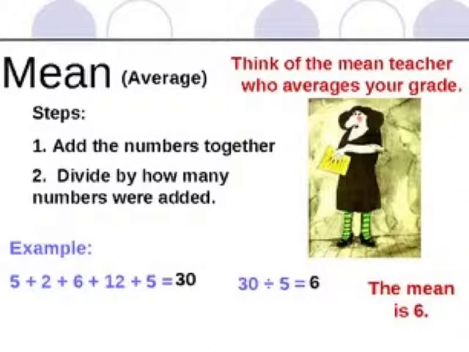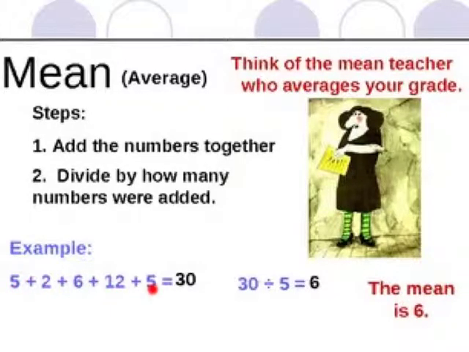All right, the mean. Think of the mean teacher, me, who averages your grade. Mean means average, and you know how to find average. We've been doing that already. So to find the mean or the average, you add all the numbers together and then divide by how many numbers you added. For example, 5 plus 2 plus 6 plus 12 plus 5.